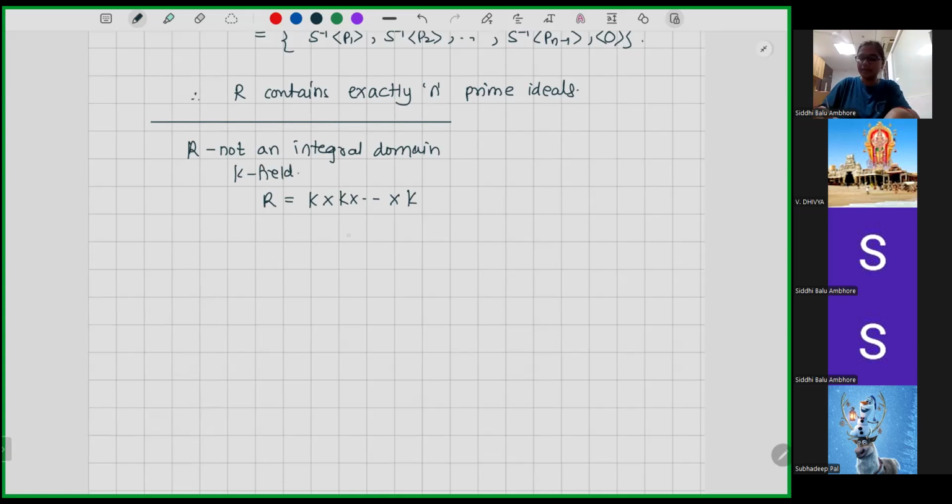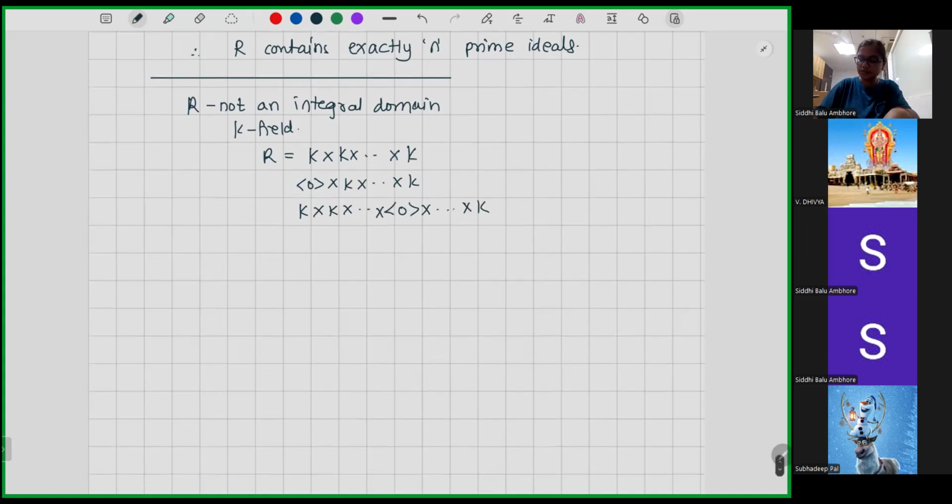And all the prime ideals here are of this form: 0 cross K cross K, or K cross 0 in some ith place cross K. So it has exactly n prime ideals.